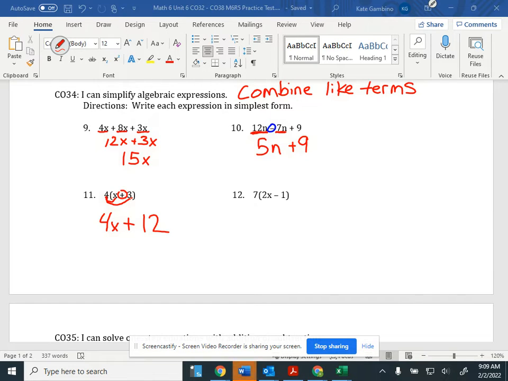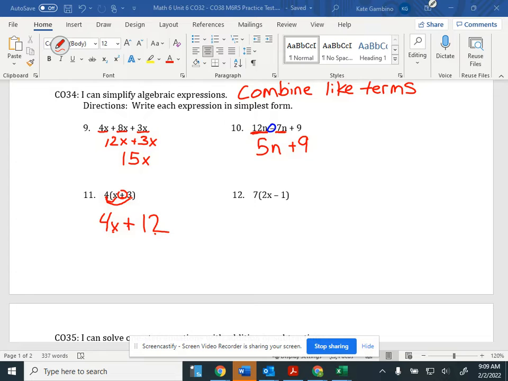If it has a variable, it has a variable when you multiply it. If it's a constant, it stays a constant. And I should say your operation stays the same. If you're adding inside the parentheses, you're adding outside the parentheses when we get rid of the parentheses.